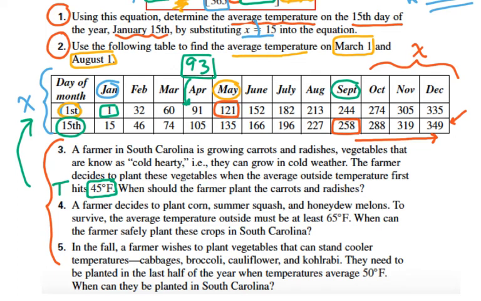So if you count 2 days past April 1st, this would be April 3rd. So I would know that if it was 45 degrees outside, the farmer would probably start planting those vegetables around April 3rd. Like I said, that's not the correct answer, although it is pretty close, I think. But that's the idea. So number 3 would be done.